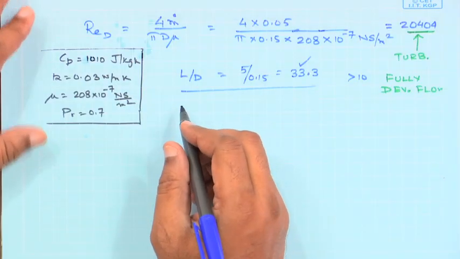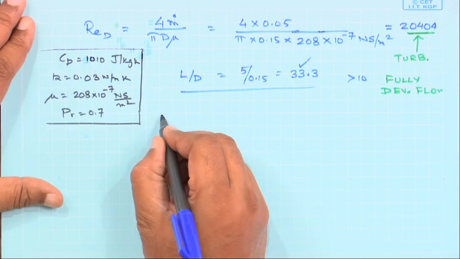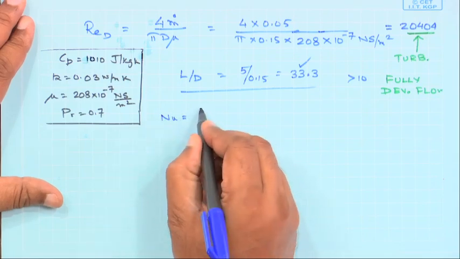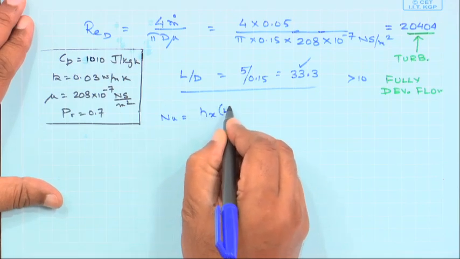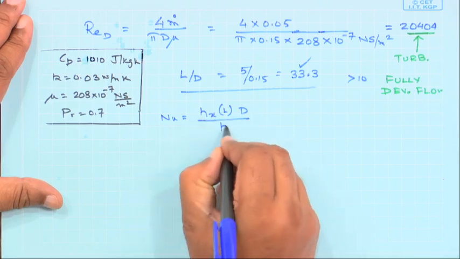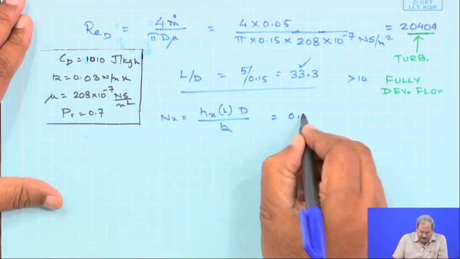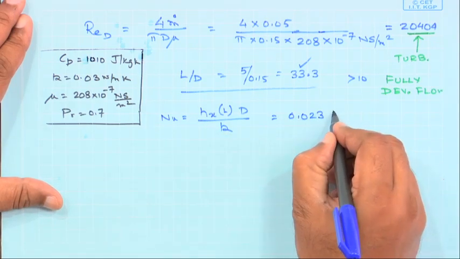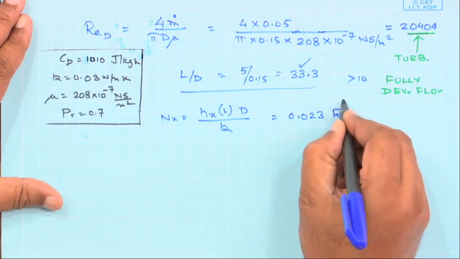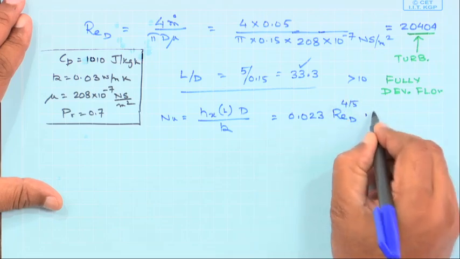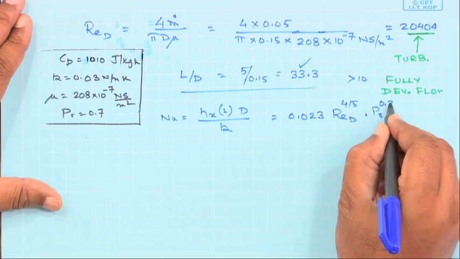So, let us quickly evaluate the value of h, and from there we find the total heat flux at that specific location. We are going to use this relation: Nusselt number, h_x at location L times d by k, the thermal conductivity, equals 0.023 Reynolds number based on diameter to the power 4 by 5 into Prandtl number to the power 0.3.